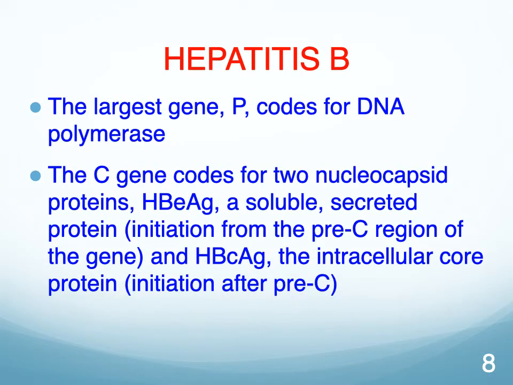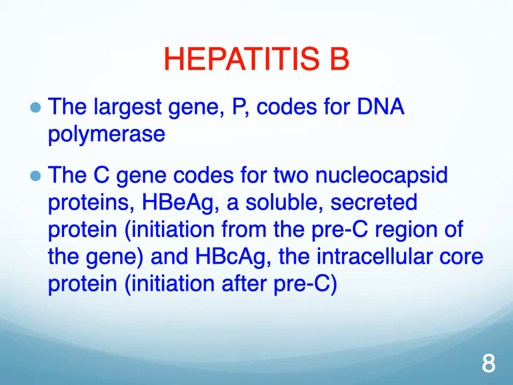The largest gene, the P gene, codes for DNA polymerase, and the C gene codes for the nucleocapsid proteins, HBe antigen and HBc antigen, the intracellular core protein.